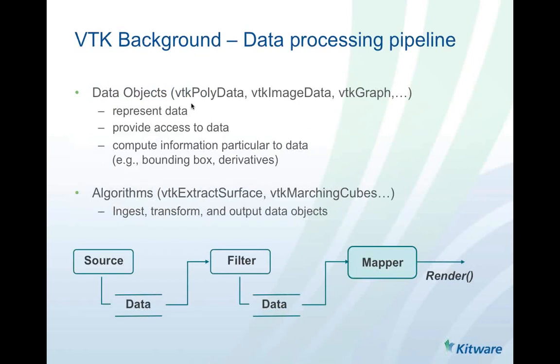So about VTK, the two major components in VTK are the data processing pipeline and the visualization pipeline. Within the data processing pipeline, we have classes called data objects, which hold generic data, most frequently scientific data, that is data which has some three-dimensional shape, and algorithms, which are instances which take in one or more data, or zero or more data objects, inspect it, analyze it, and then produce one or more derived data objects.